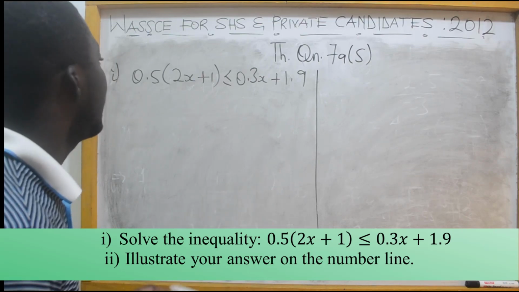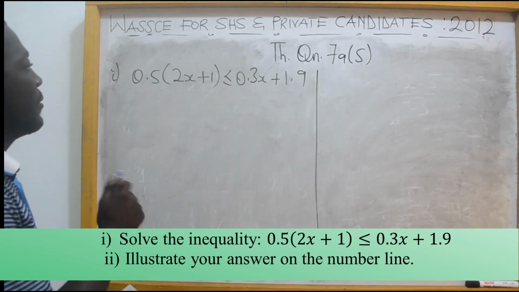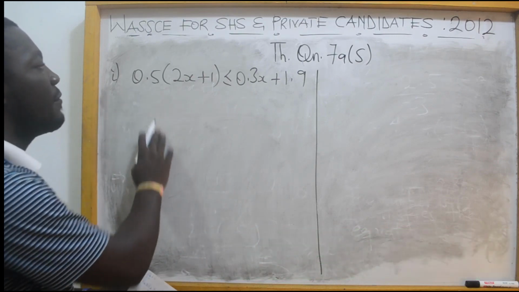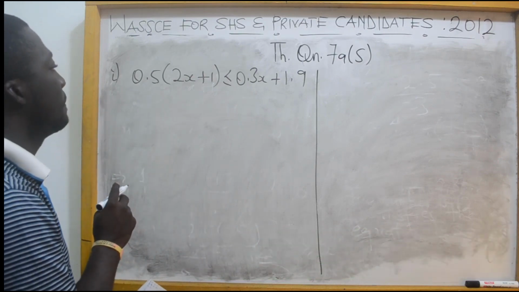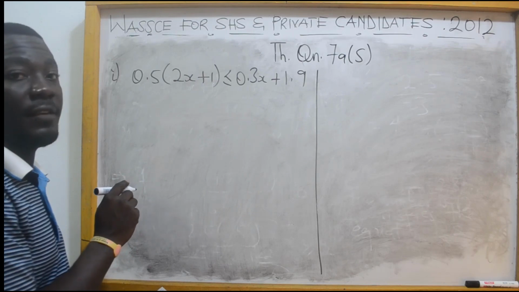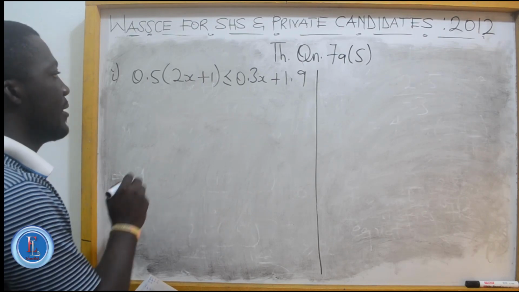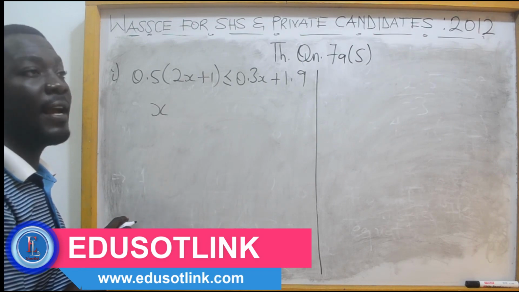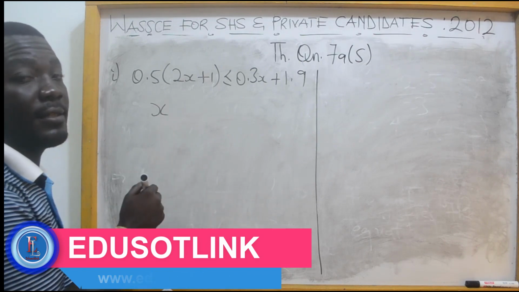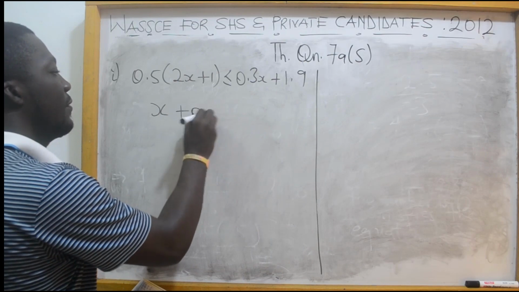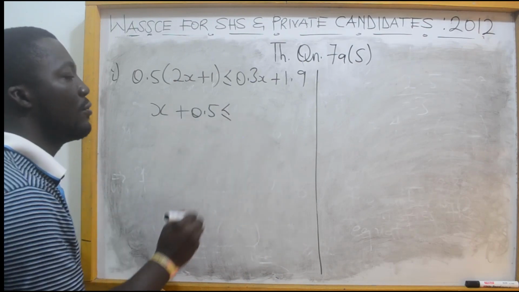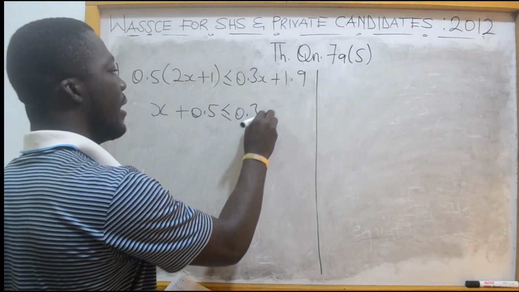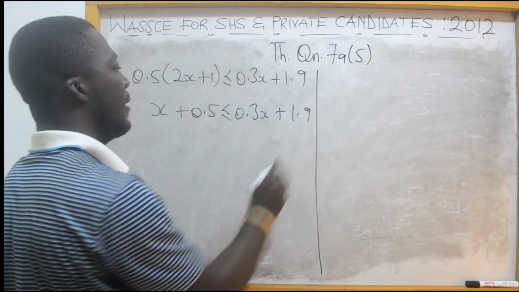the number line. So let's do 0.5 times 2x. That is going to give us x. Then 0.5 times 1 is the same as 0.5, less or equal to 0.3x plus 1.9.